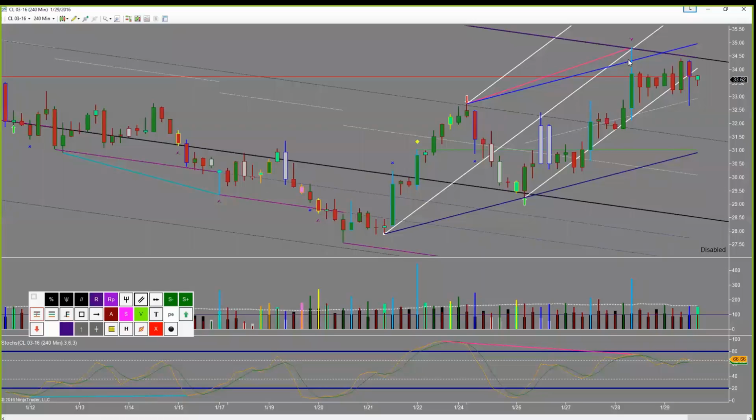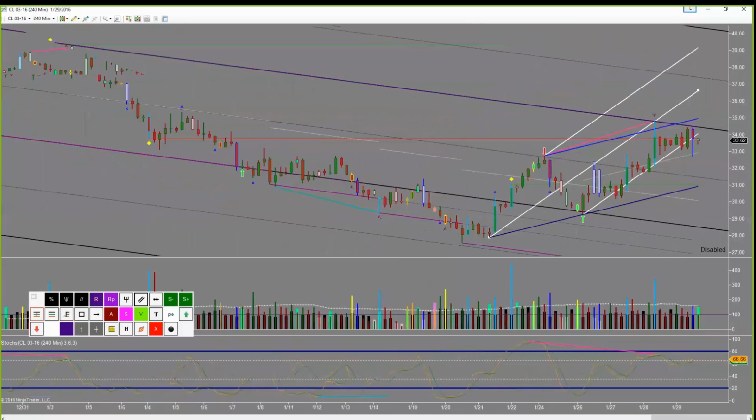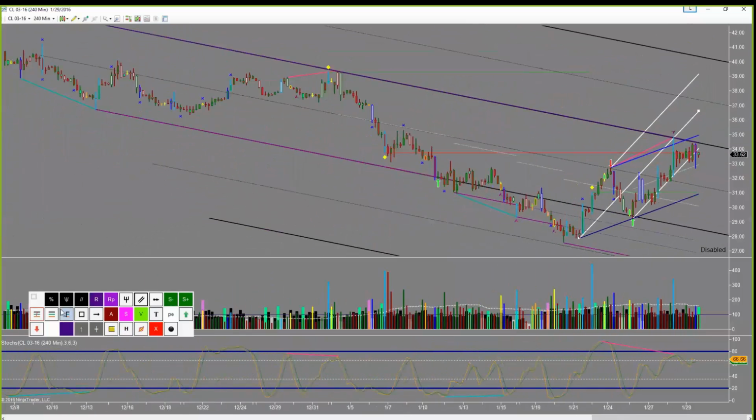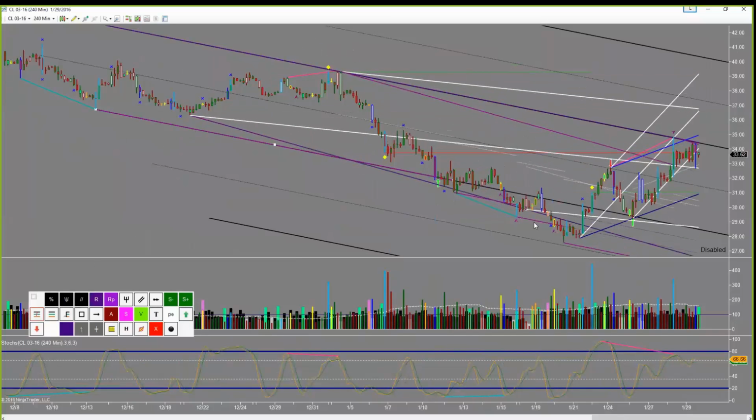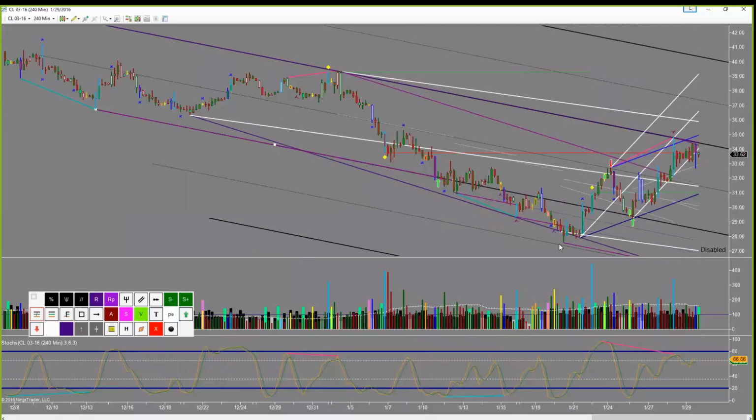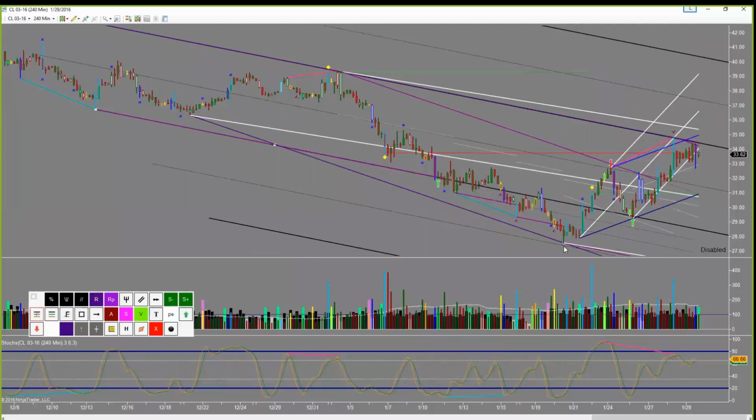The problem that I had on Thursday, and it's regrettable, but I've had a pretty intense week and not getting much sleep, and I jumped into a short right here, which was actually from, I think it was a median line right here. What was it?